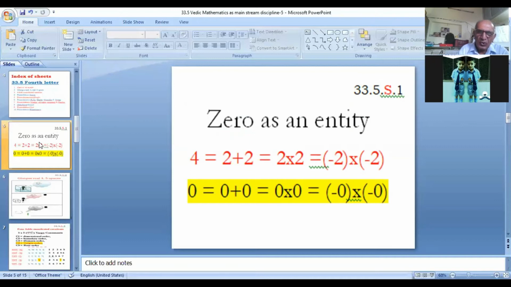Zero is not to be taken with regard to any manifested content entities. Zero is also an entity like 1, 2, 3 or any other.